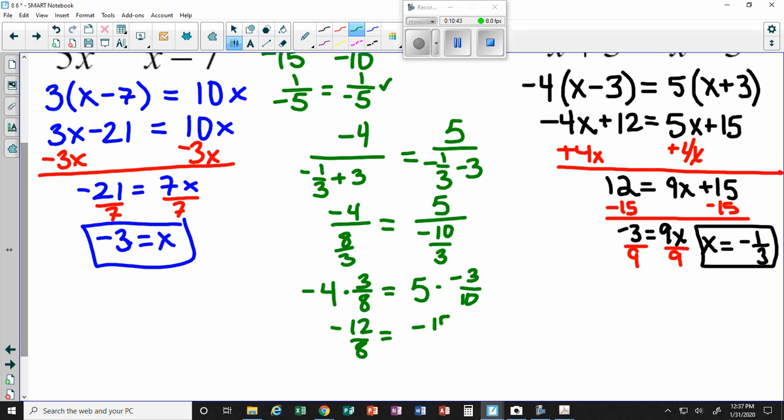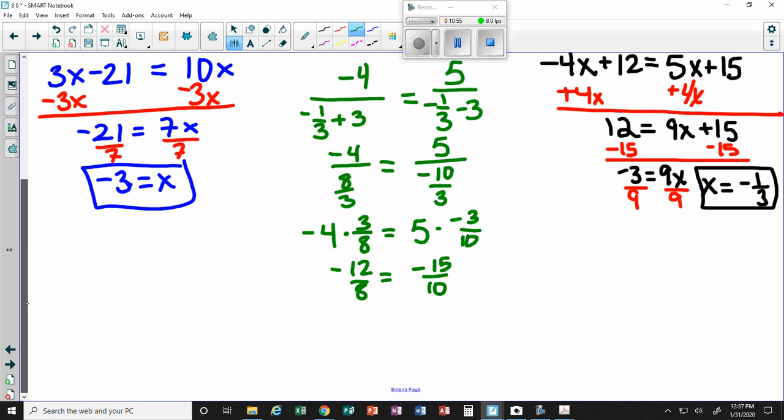Negative 15/10 over here. And I got to reduce and see if those end up being the same thing. So 12 and 8, what goes into both those? 4. So this is going to be negative 3/2. 15 and 10, what goes into both those? 5, so it'd be negative 3/2. Boom.